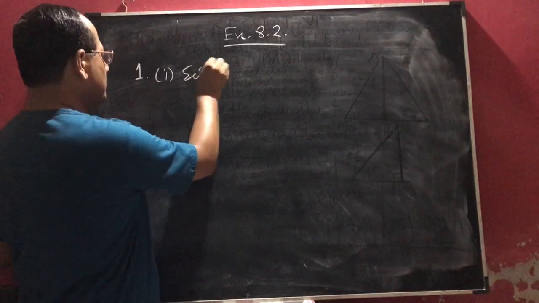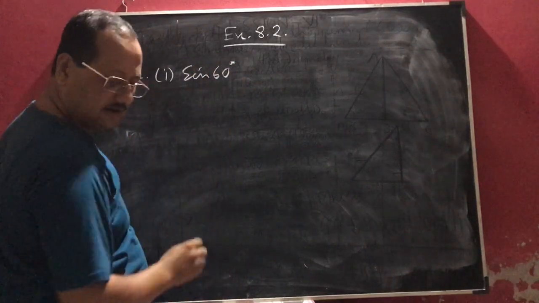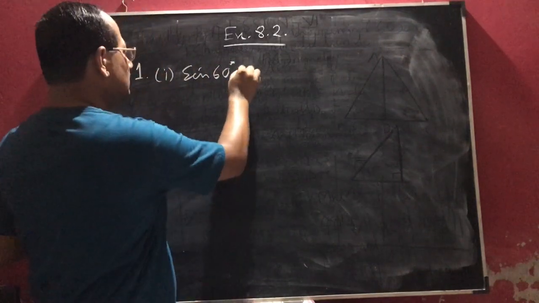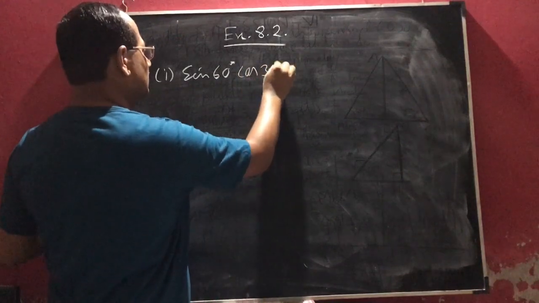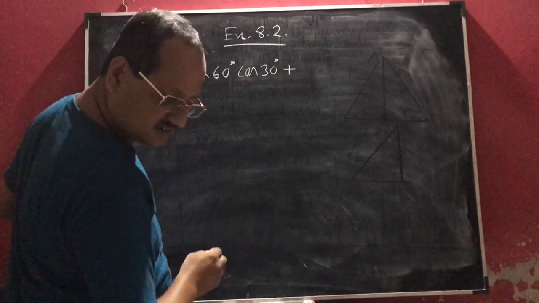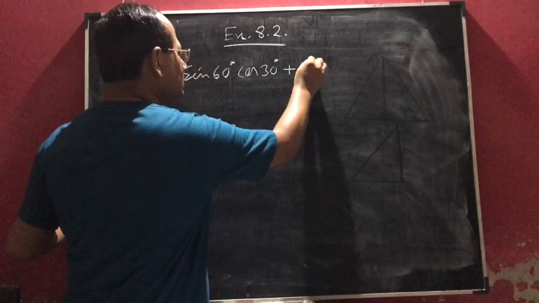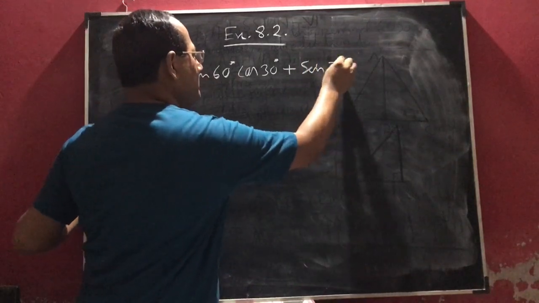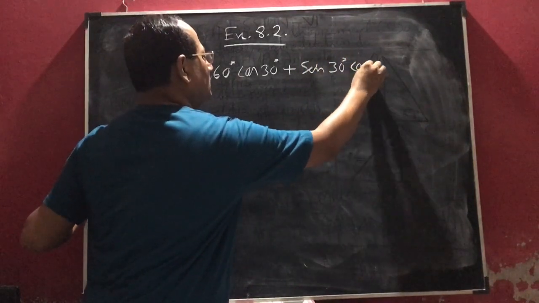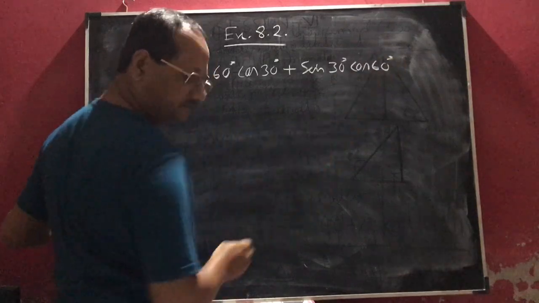Sine 60 degree cos 30 degree plus sine 30 degree cos 60 degree.